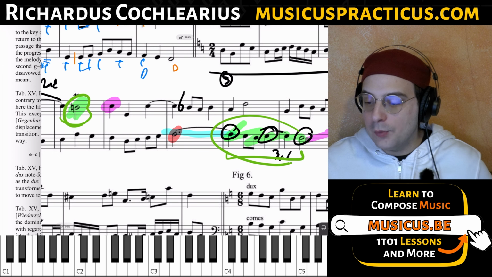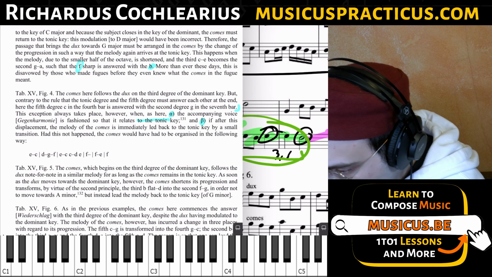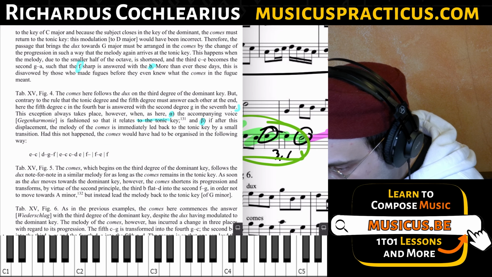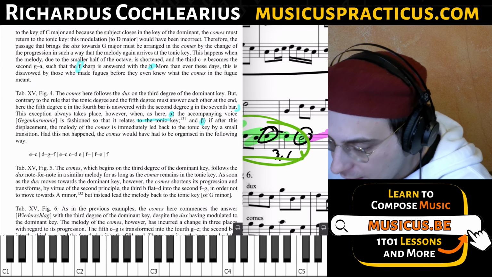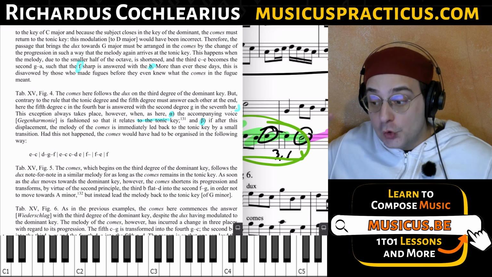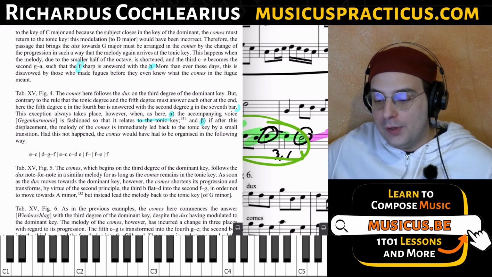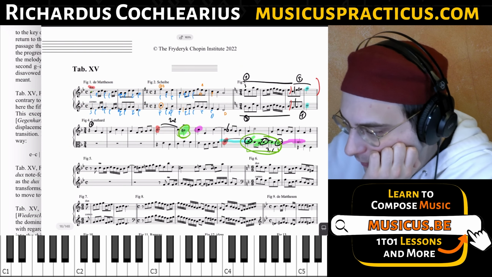Only one note here, and here we need a transition, as you can see. Had this not happened, the comes would have had to be organized in the following way. So let's write the comes how it should be here.